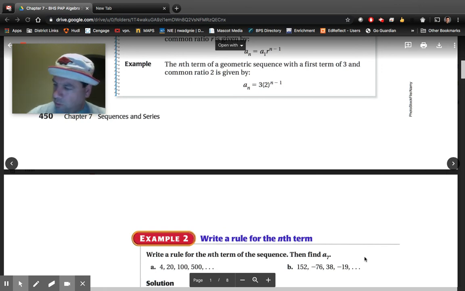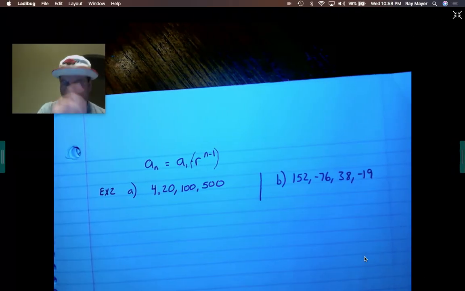And then I'll go ahead and just do B up here at the same time. B is 152, negative 76, 38, negative 19. Okay, write a rule for it.